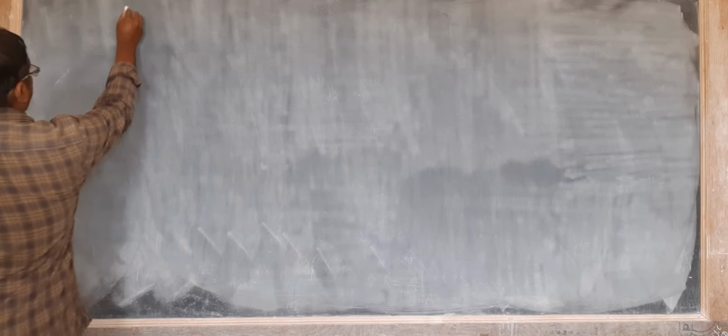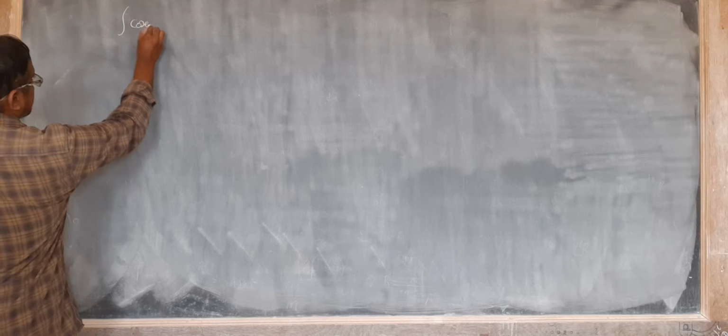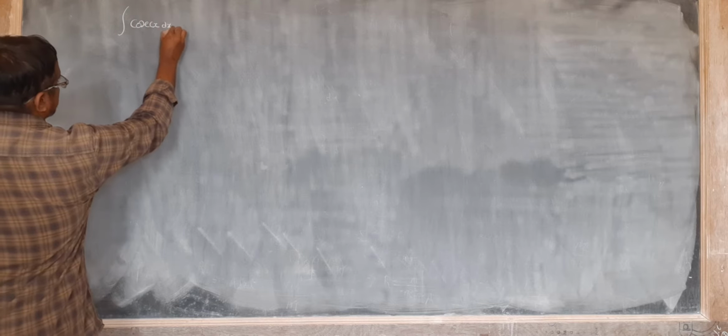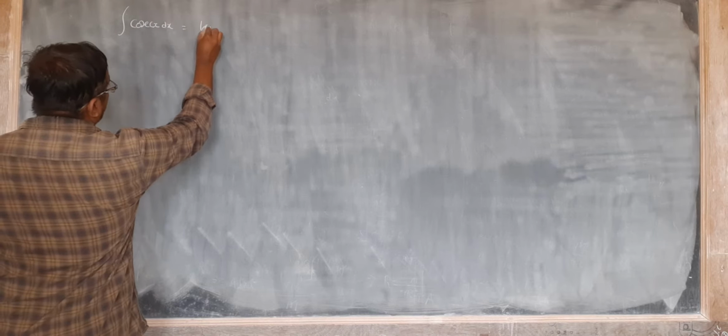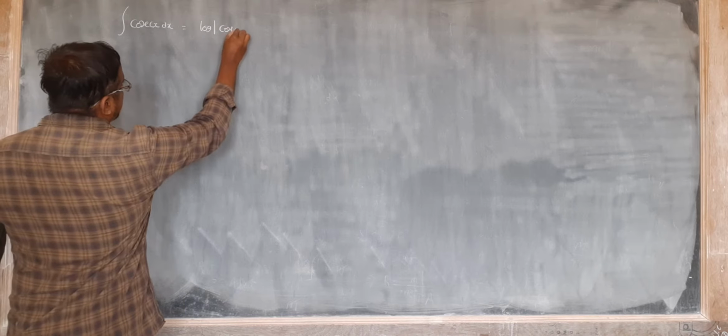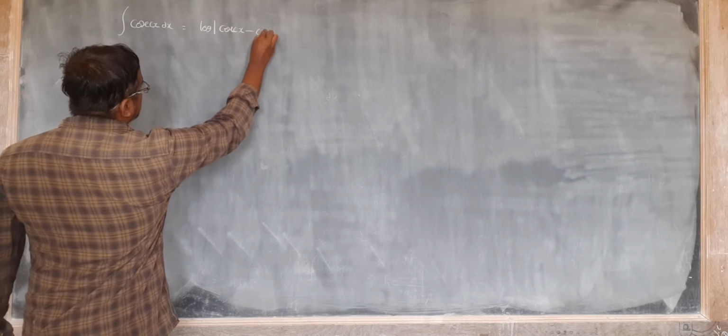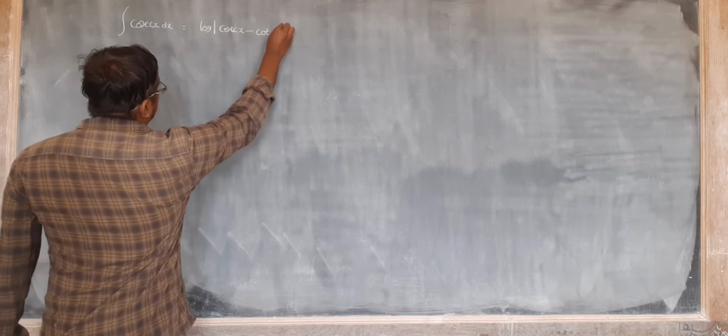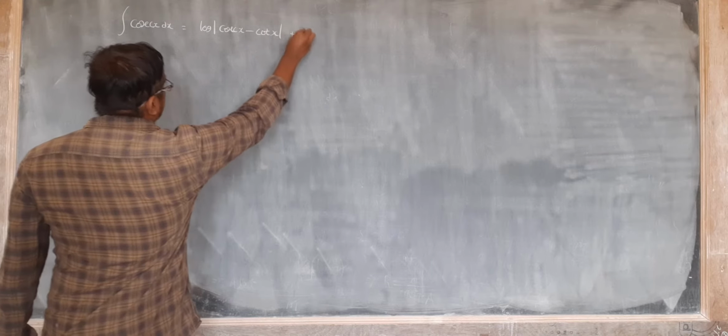Next, integral cosecant x dx is equal to log mod cosecant x minus cot x plus c.